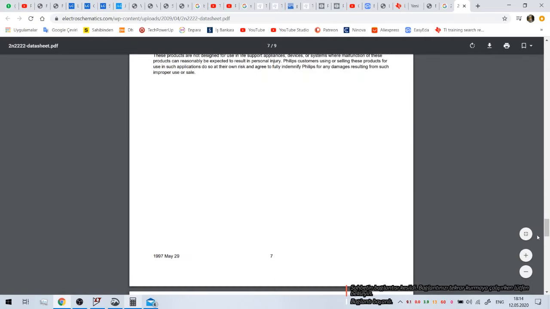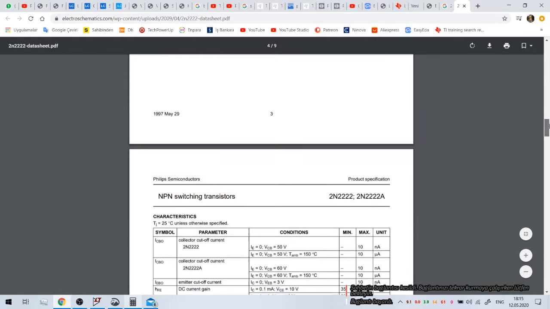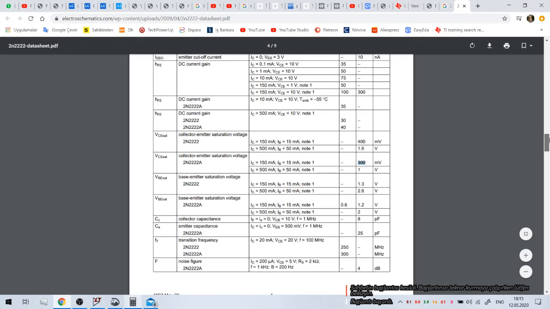I wanted to take a look for it, but no, I can't. I can say nearly 1 volt voltage drop. Maybe also 1.6 volts, but we can say quickly 1 volt.